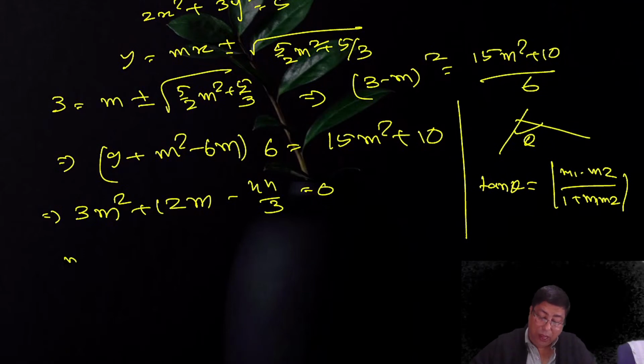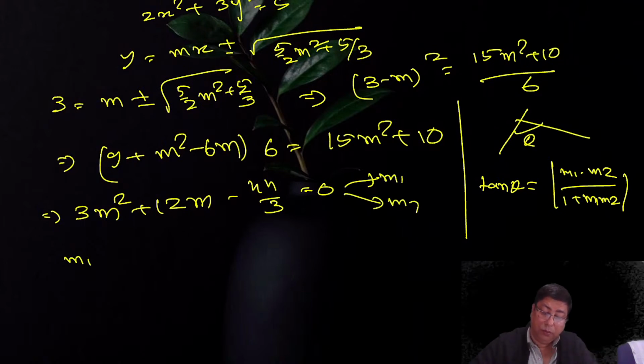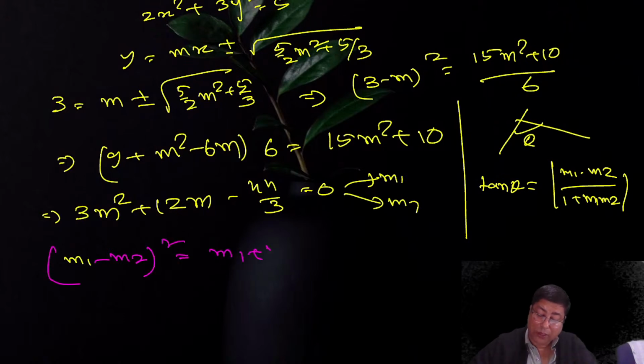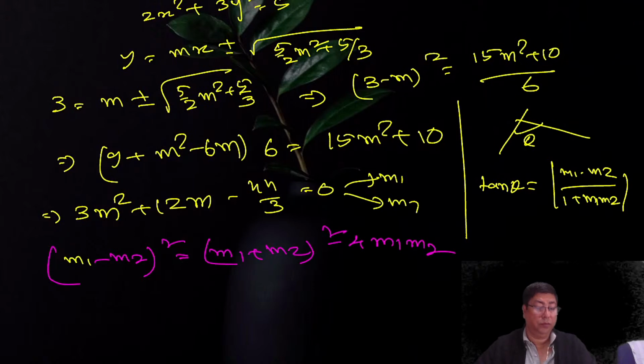Let us calculate m1 and m2. From here, it has two roots, m1 and m2. Using the sum and product of the roots, m1 minus m2 whole square equals m1 plus m2 whole square minus 4 m1 m2.